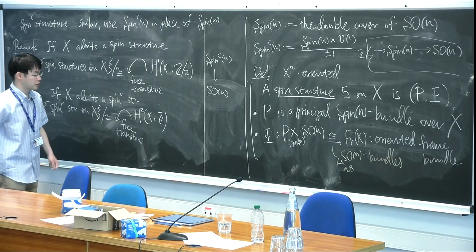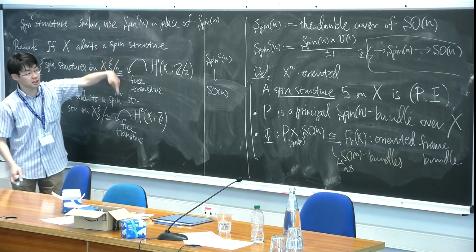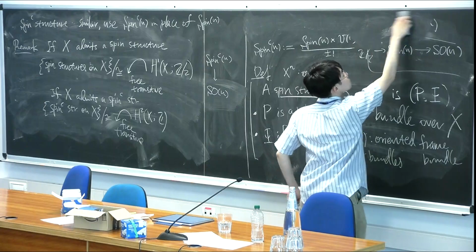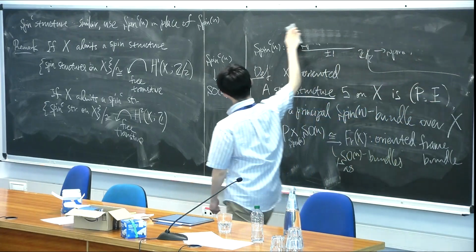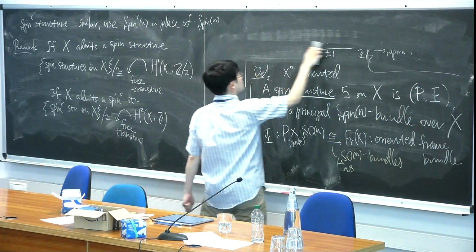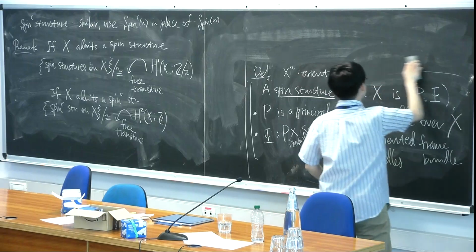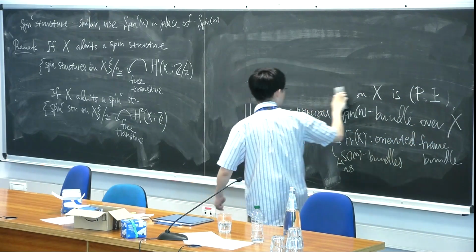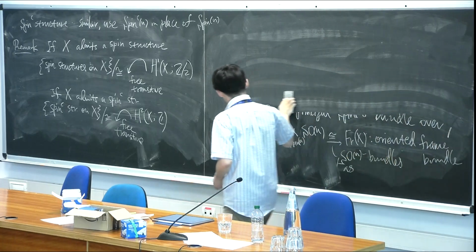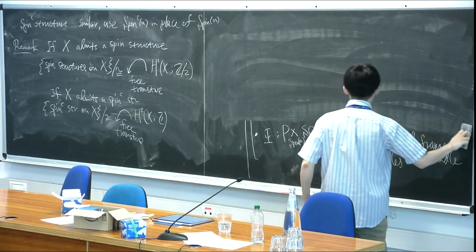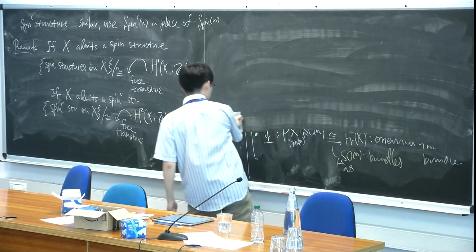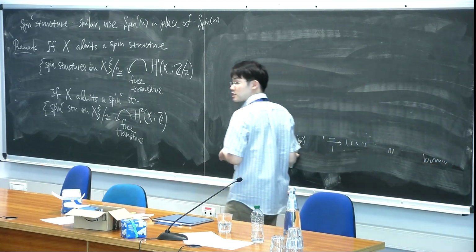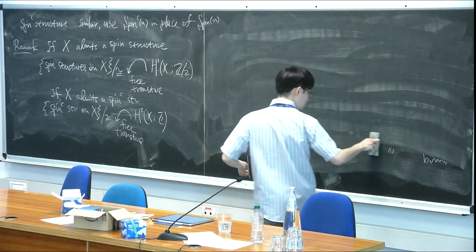So the isomorphism classes of spin structures and spin-C structures are just governed by those cohomologies. This explains what the input for the Bauer-Furuta invariant is. The Bauer-Furuta invariant handles some equivariant continuous map once you have an oriented four-manifold equipped with a spin-C structure. Okay?